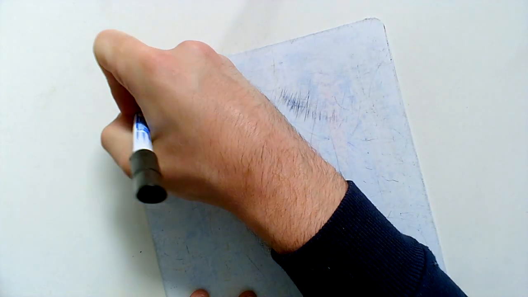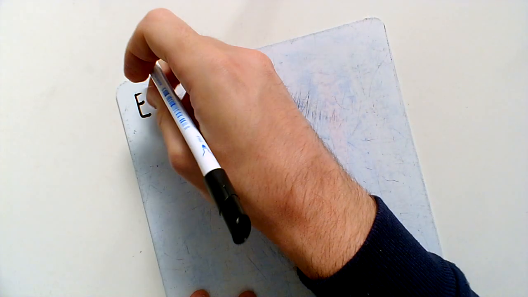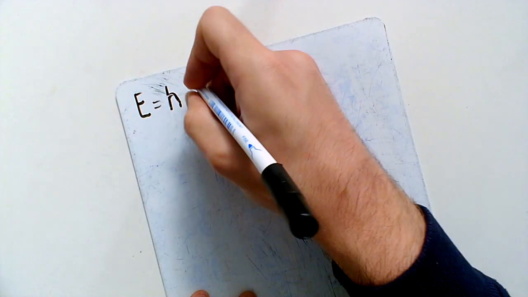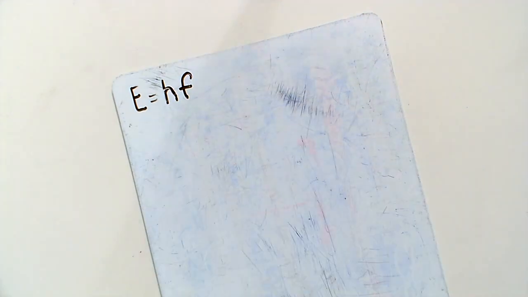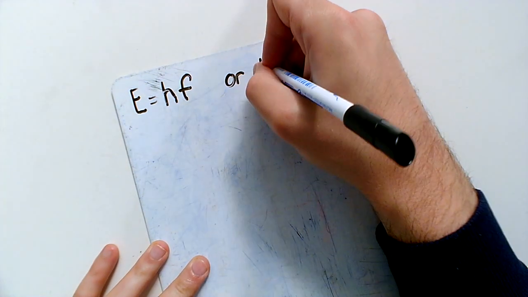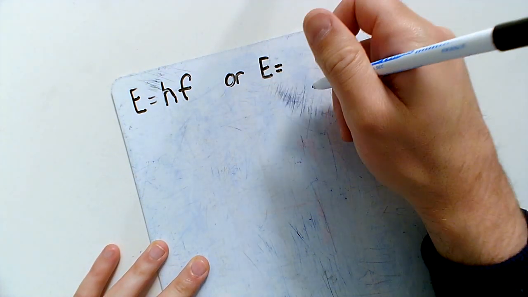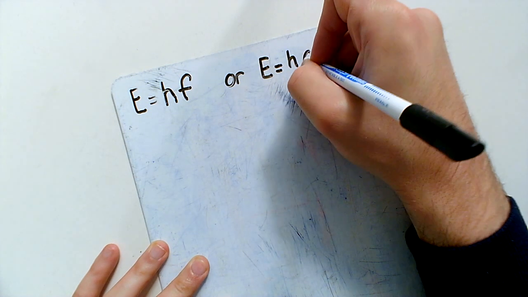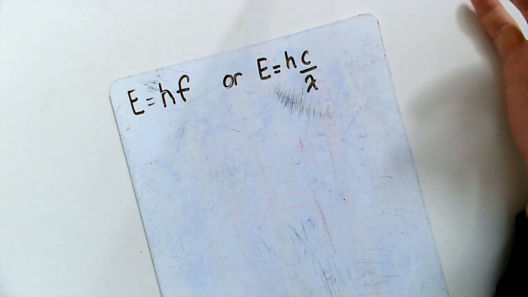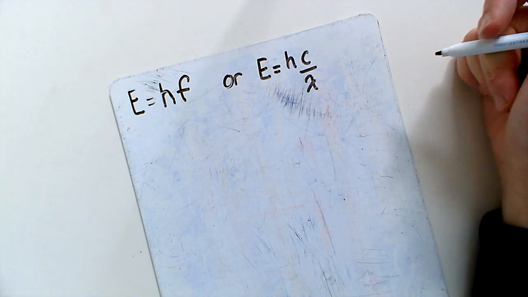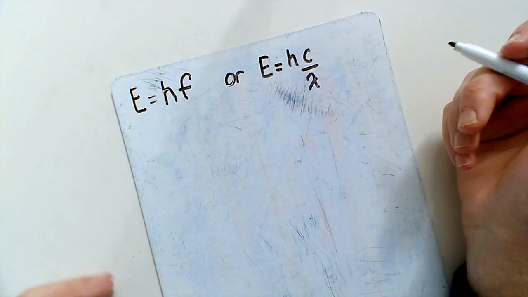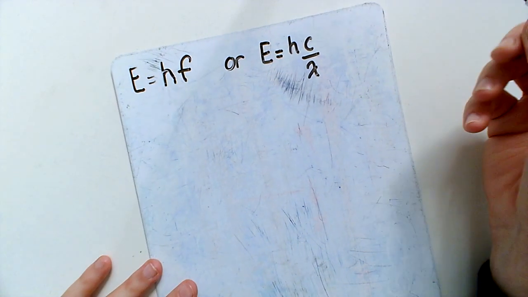So we remember E equals h f, or E equals h c over lambda. It depends what you're given. Probably you're more likely to be given the wavelength.